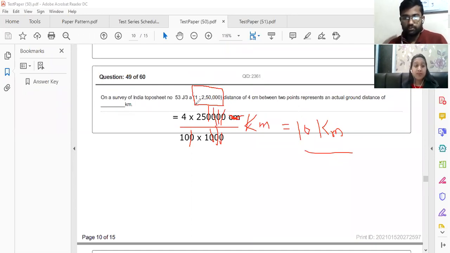And for geology purposes, we mostly use the 1:50,000 scale.